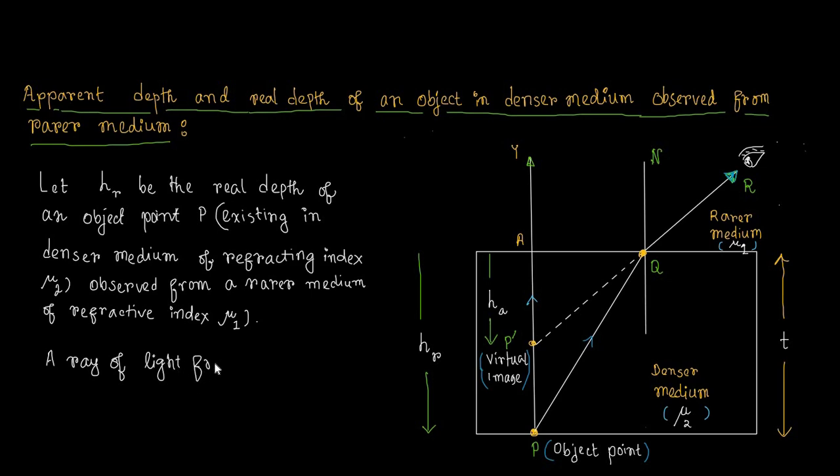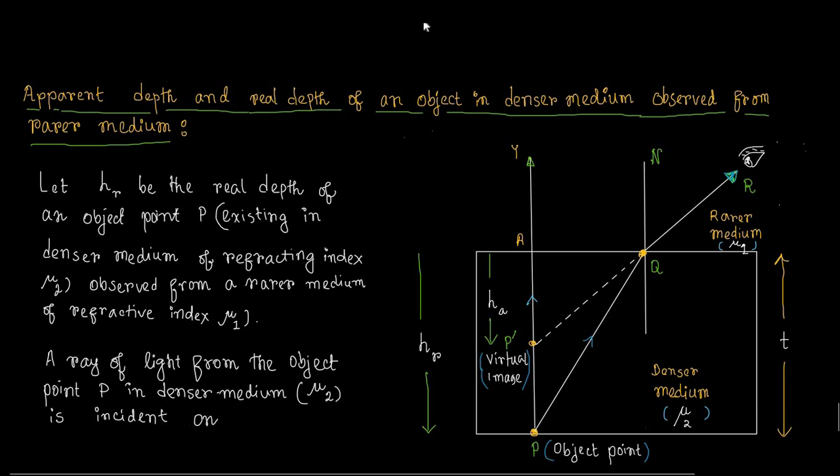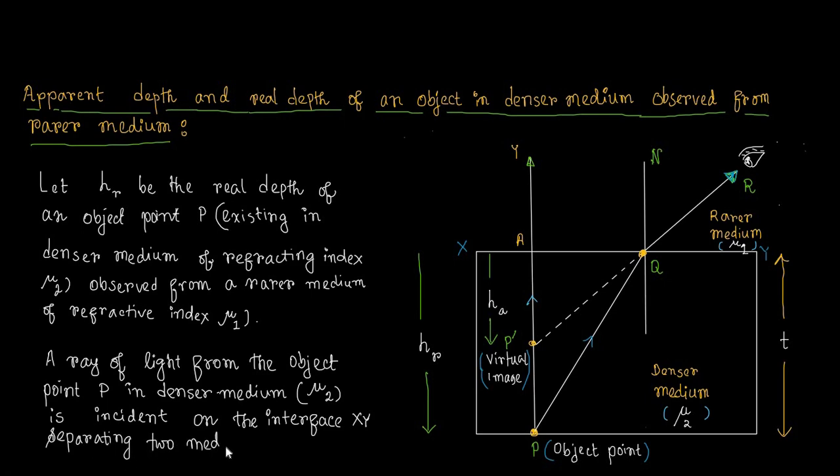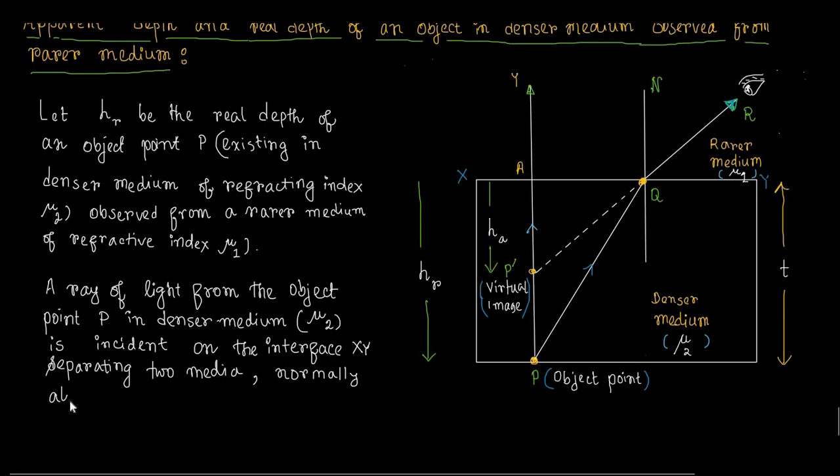A ray of light from the object point P in the denser medium of refractive index mu2 is incident on the interface xy separating two media normally along PA.